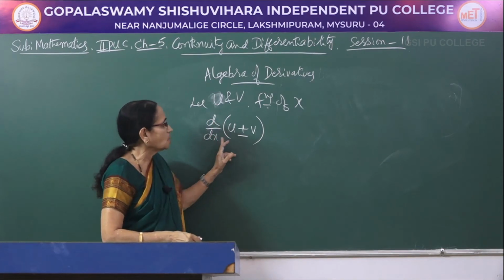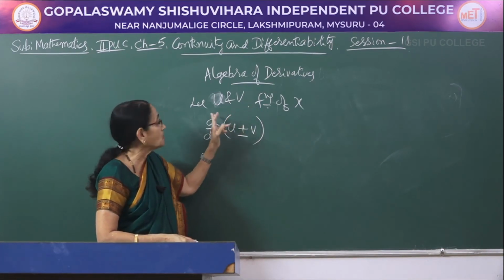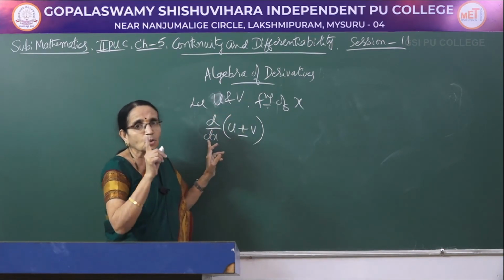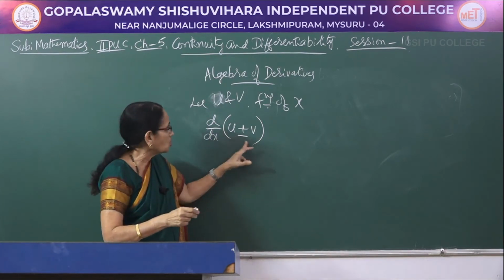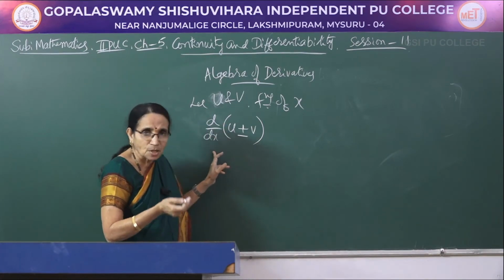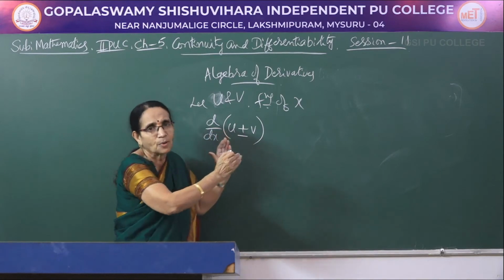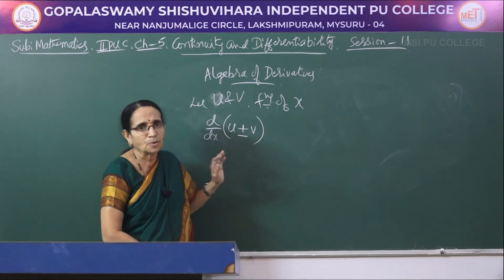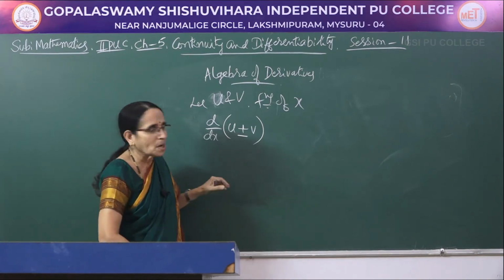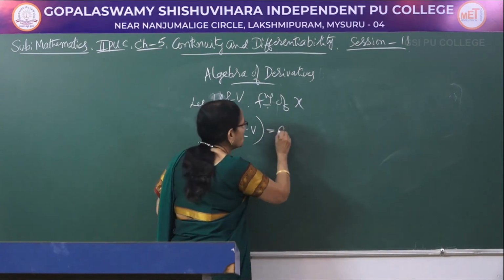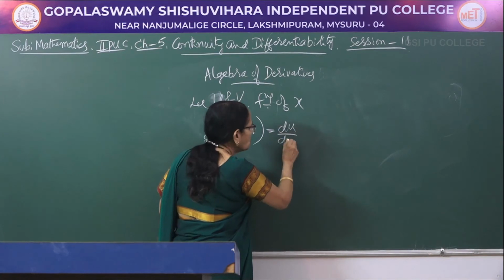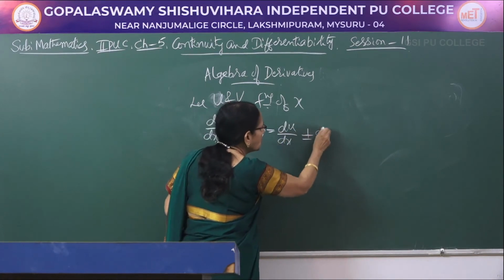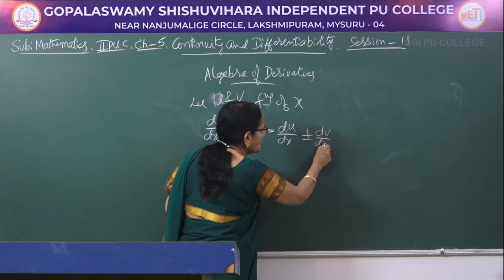d by dx of, see earlier I had given dy by dx because there was only one letter y. Here there are two, so d by dx is the differential operator of this particular function which has been expressed as either the sum or the difference of the functions. So, u plus or minus v. In that case, this is the formula, du by dx plus or minus dv by dx.